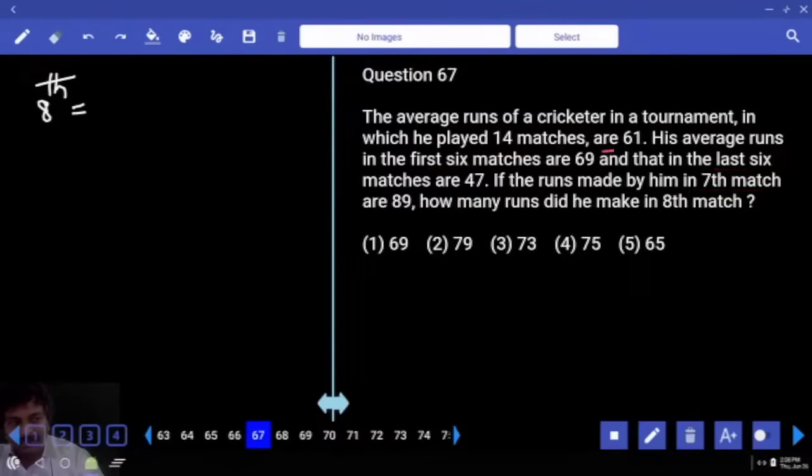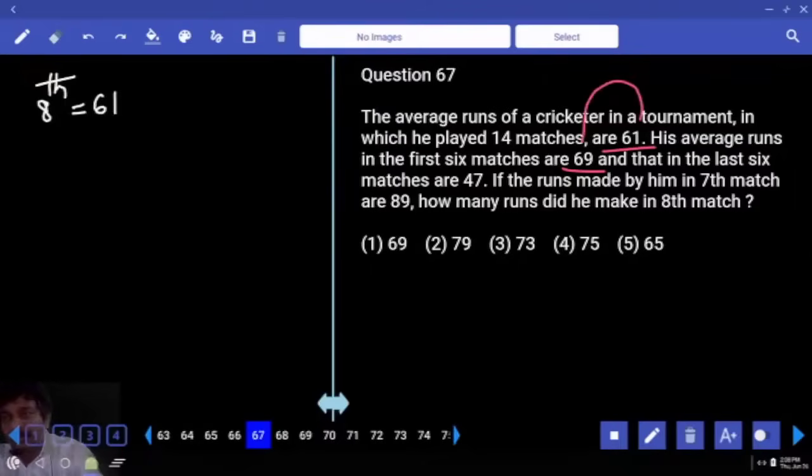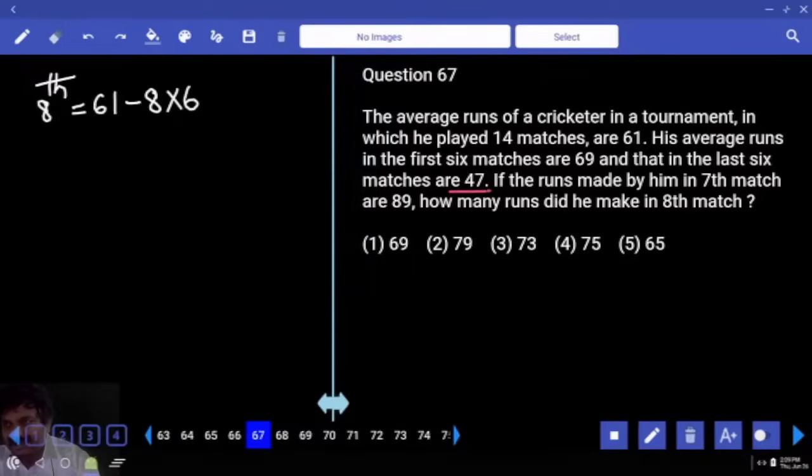Average of all 14 matches is 61. Let's assume in the 8th match also he scored 61. Average in the first 6 matches is 69, which is how much more than the original average? 8 more, so we have to subtract it. Like that, how many matches did he play? 6 matches. In the last 6 matches, his average is 47.